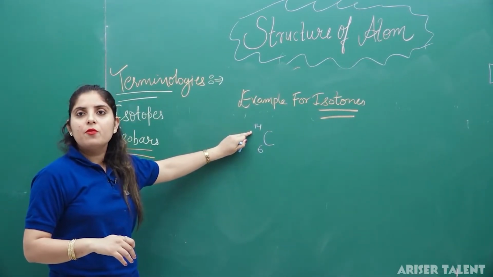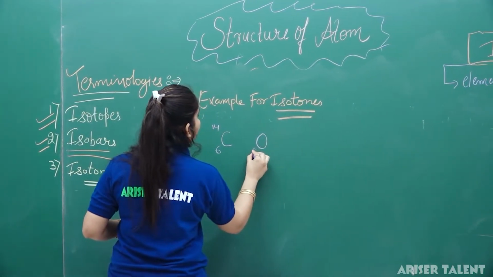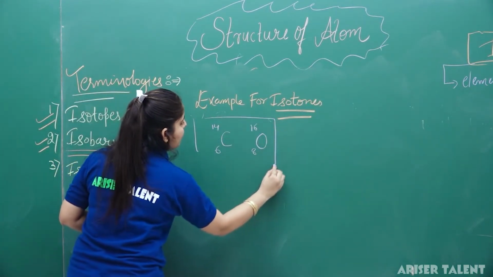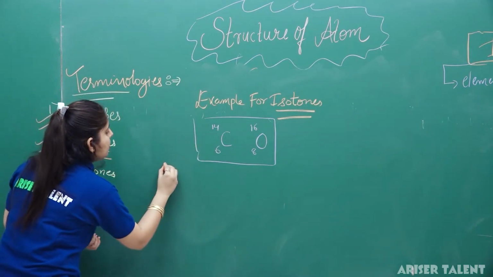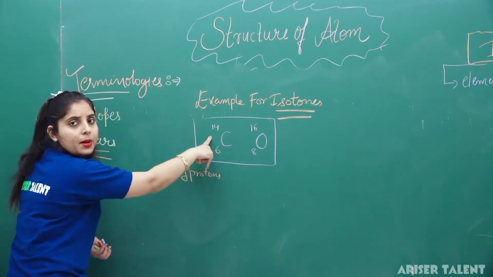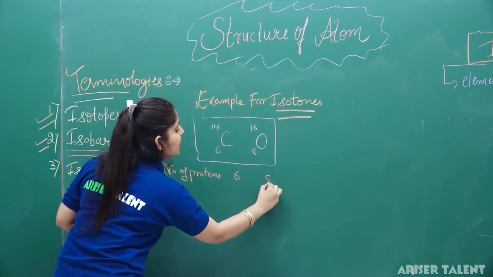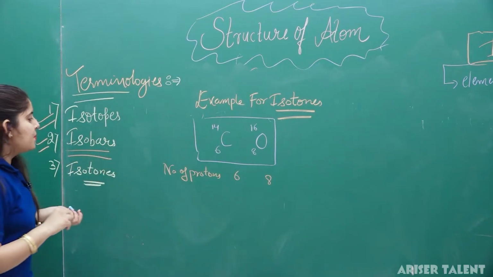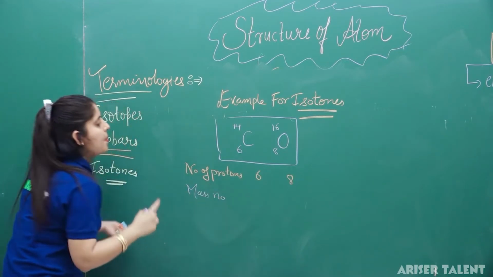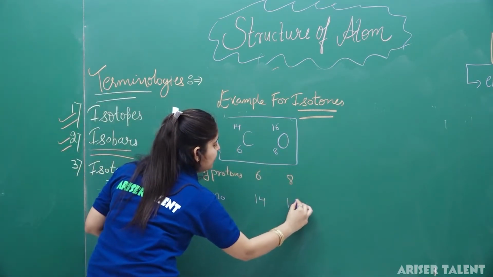Here we have considered carbon 14, and the second is O 8 16. What we observe from the above two examples is that carbon has 6 protons, written in the subscript, and oxygen has 8 protons, written in its subscript. Now we will consider the mass number. The mass number for carbon is 14, and for oxygen it is 16.